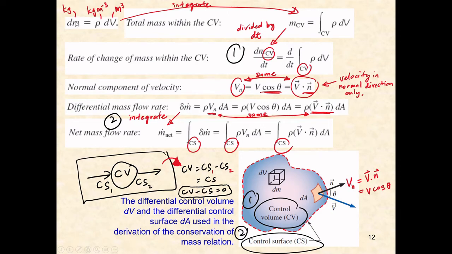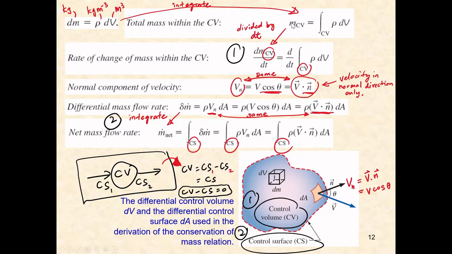So dm is the change of mass within the bathtub, and then you have the density, which is kilogram per meter cubed, and the change of volume. That gives the total mass within the control volume. Remember, in a control volume you can allow mass to enter and leave the system, and at the same time energy, work or heat can cross as well.